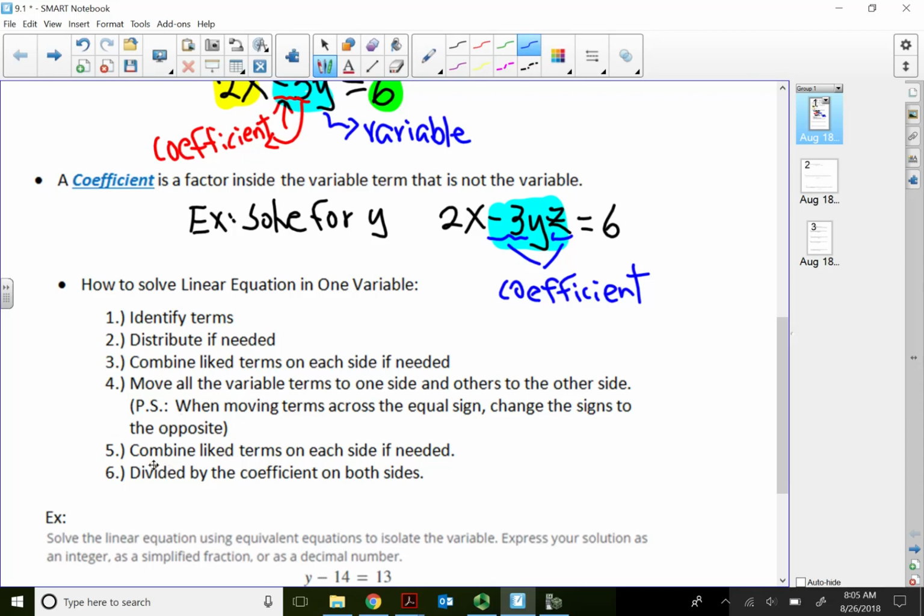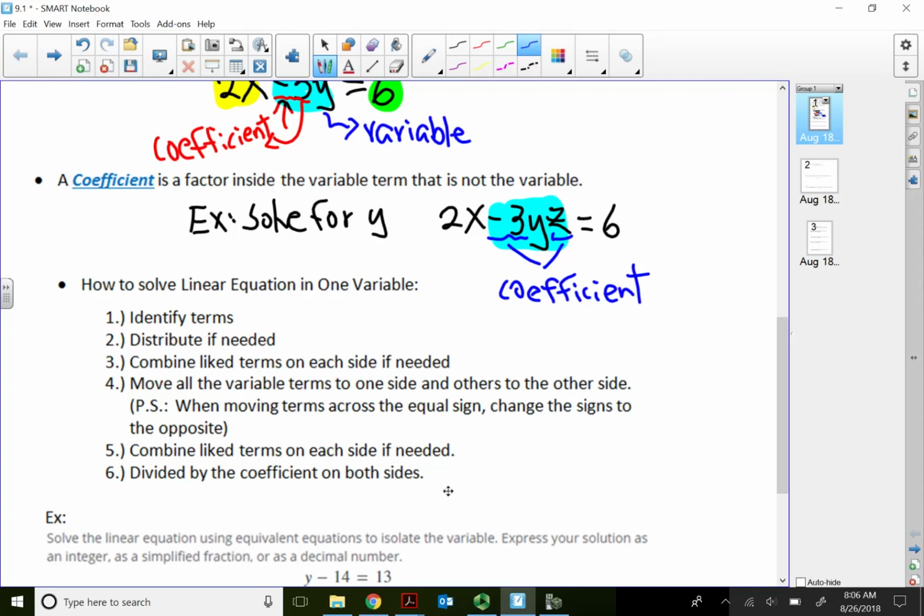Once I move all my terms to the right or to the left, wherever I need to move them, then we're going to combine like terms on each side again if needed. The last step in solving a linear equation is always going to be to divide by the coefficient on both sides.